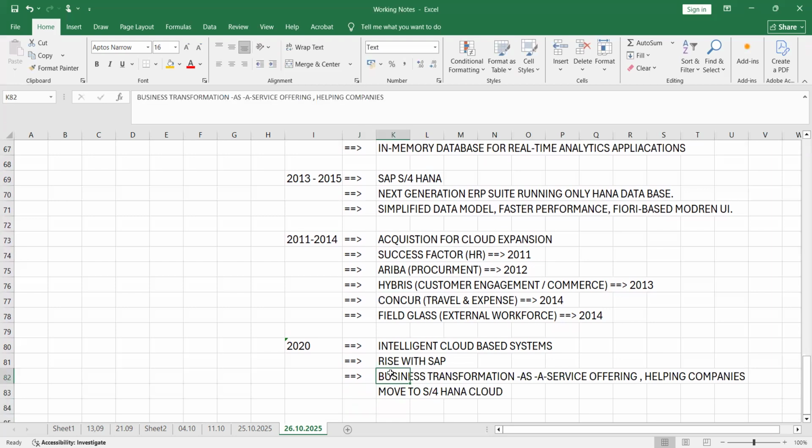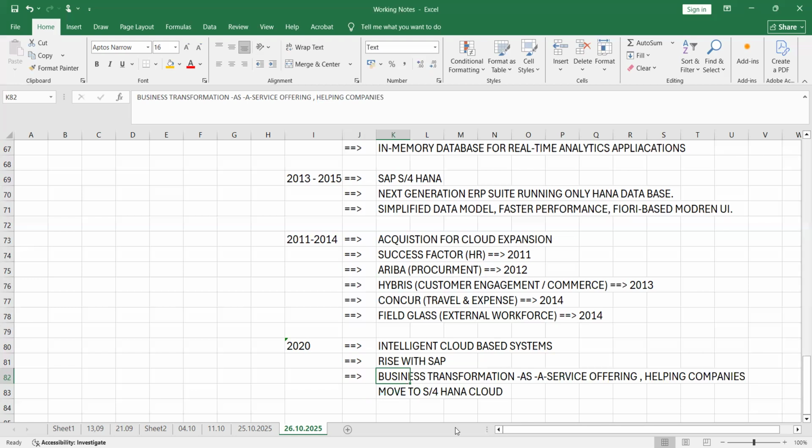So SAP is now helping with business transformation as a service free of cost, helping companies move from ECC to S4HANA or from a non-SAP system to an S4HANA system.